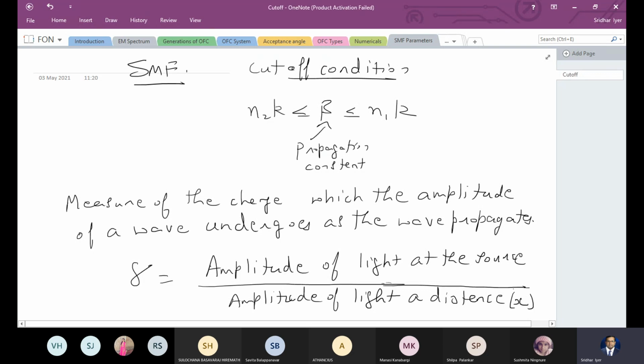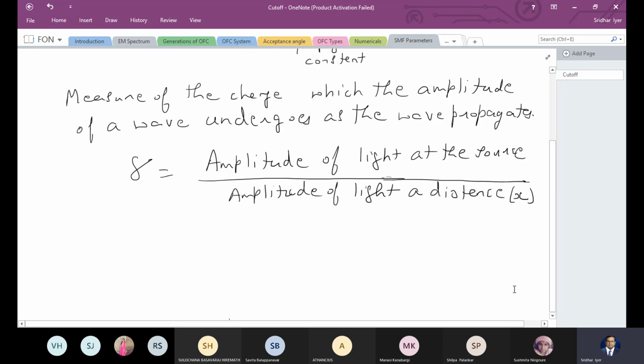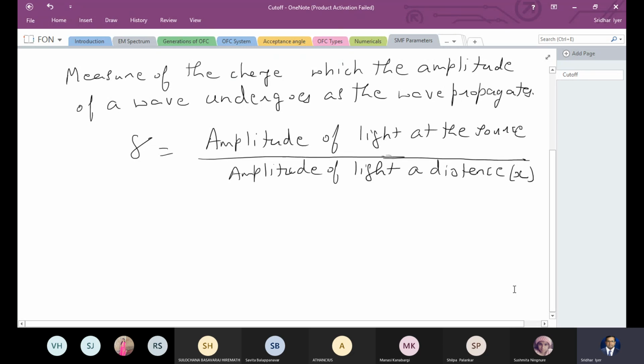So this x is some distance at which I want to see what will be the amplitude of the light. Now, in ideal conditions, I would want this gamma to be 1. That means the amplitude at the source and the amplitude after a distance is the same. But that is obviously not going to happen.